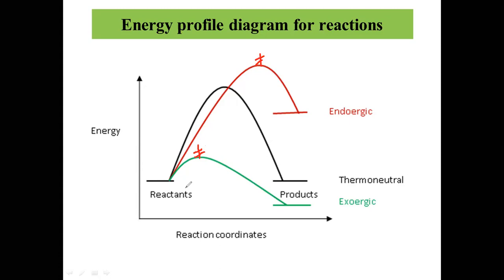So the difference in these three is that for the exergic reaction the barrier top, that is the saddle point, is near the reactants zone. For the thermoneutral reaction, it is in the middle of the reaction path, and for the endoergic reaction, it is going to be at the products zone, right?